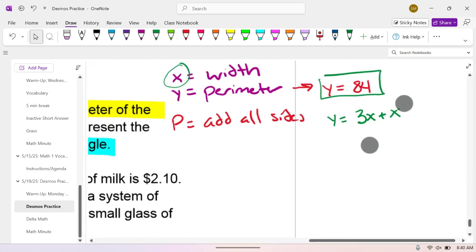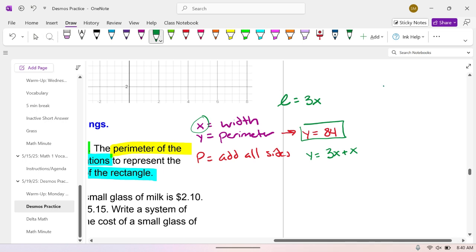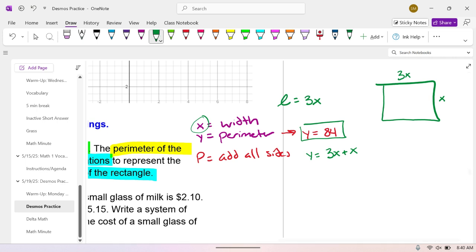What am I missing from this equation right here? So if I have a rectangle, length is 3x, width is x. Did I add up all the sides? No, I only added up 2, so I need to add 3x plus x again.